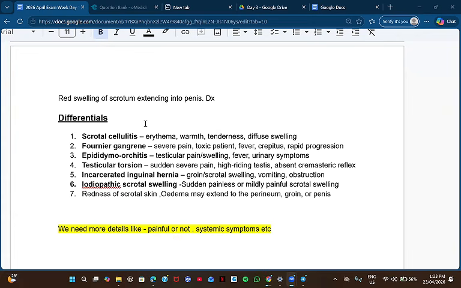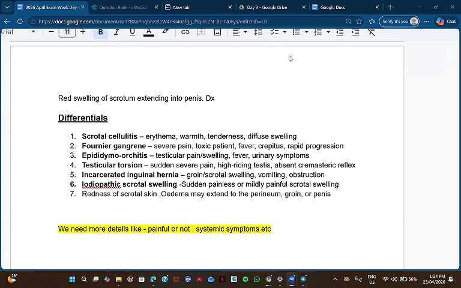Just give it an idea. It's usually that this swelling is spreading, right? This swelling spreads into the surrounding genital tissues, right? Here they have mentioned towards the penis. It's spreading, right?